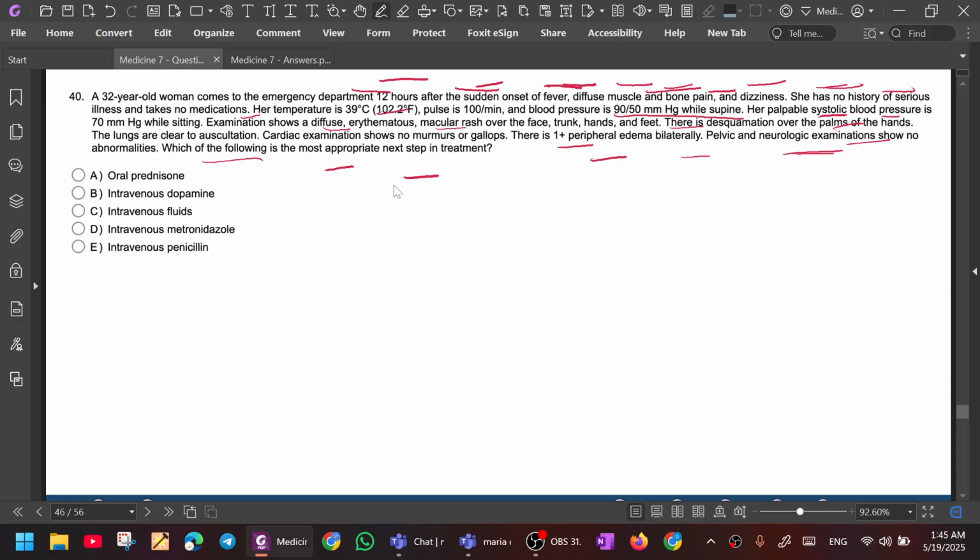It may happen, but desquamation of the hands and soles, in septic shock you will not find this. There is no desquamation in septic shock, right? And there is fever.